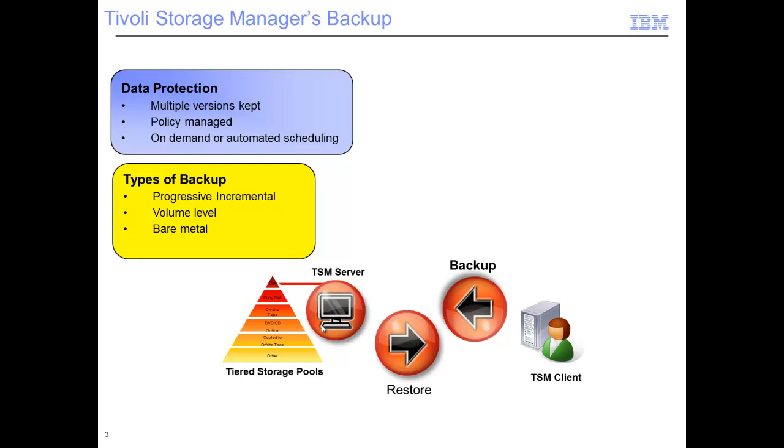I like to use an analogy between the progressive incremental backup and the full plus differential or full plus incremental backups: washing your clothes. When we go to wash the clothes, if you're using progressive incremental backup, you only wash the clothes that are dirty.